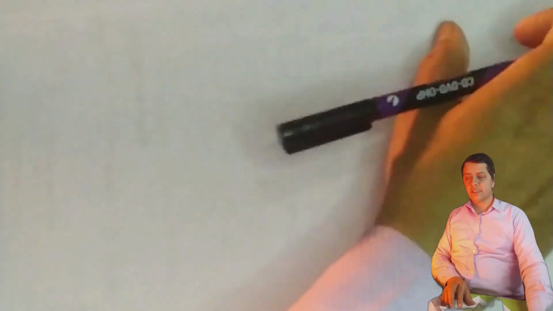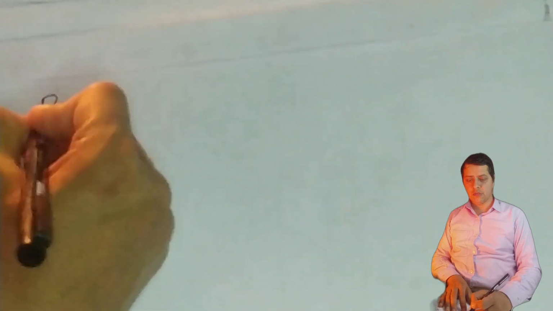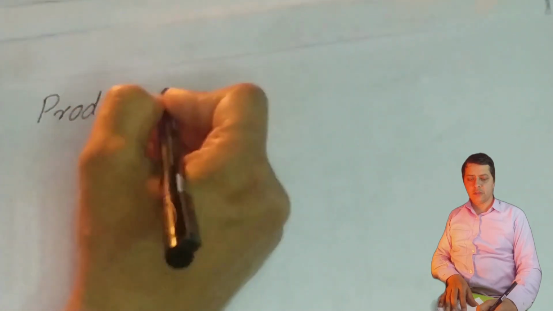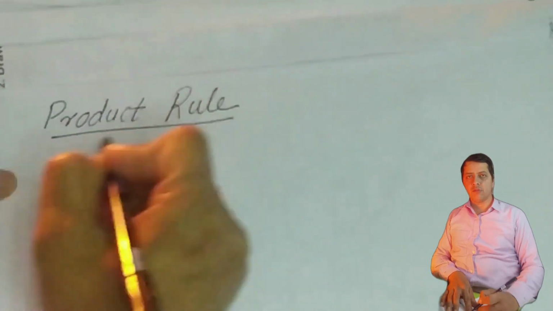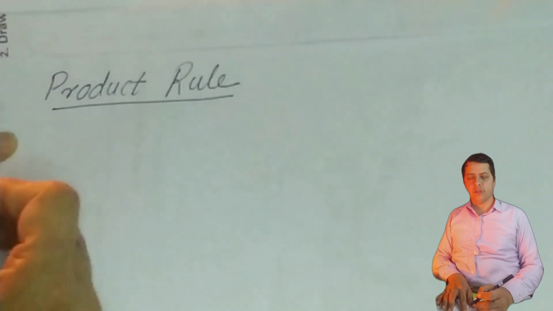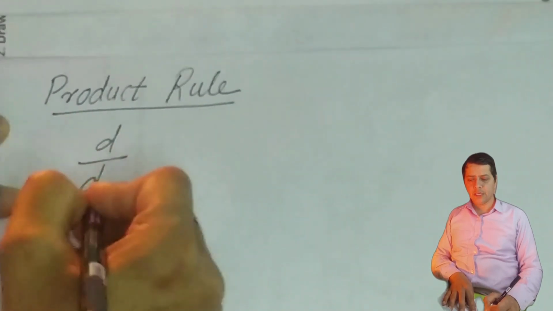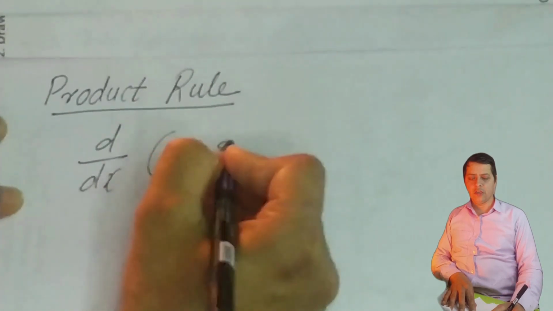Then next we have product rule, the most important rule. Product rule and quotient rule are the most important ones because they need to be known a little bit. Others were so simple. d by dx of u into v.